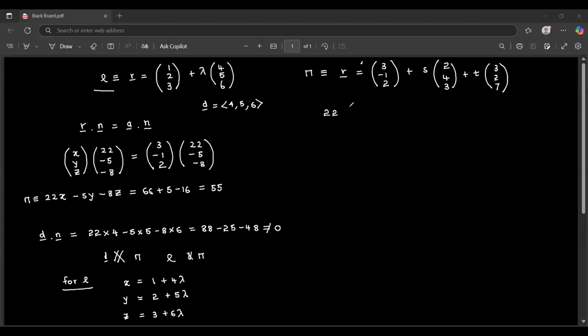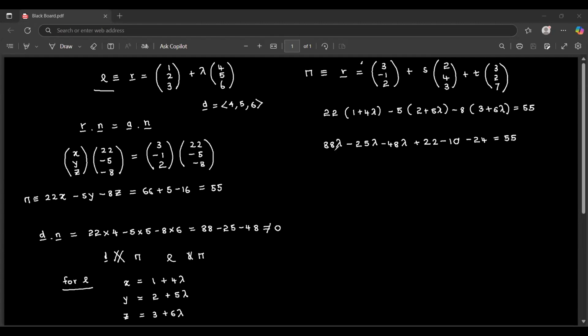So 22 into 1 plus 4 lambda, minus 5 into 2 plus 5 lambda, minus 8 into 3 plus 6 lambda is equal to 55. So 22 into 4 will be 88 lambda, minus 5 into 5 will be minus 25 lambda, and minus 8 into 6 will be minus 48 lambda, and then we have plus 22, minus 10, and minus 24 equals 55.